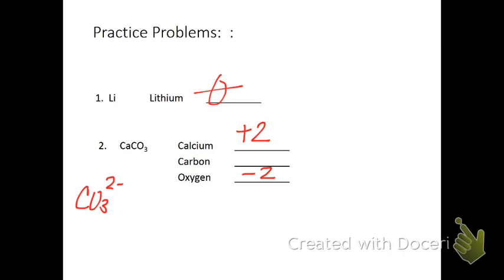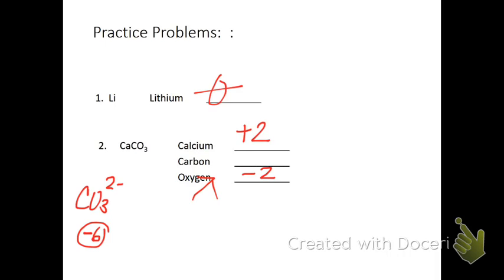We know that oxygen is a negative 2, always, because that's what the rule says. But how many oxygen do we have there? 3. So what is 3 times a negative 2? Our total negatives are negative 6. Notice I'm still saying that my oxidation state of oxygen is a negative 2. I never put the total; I put what it is individually.